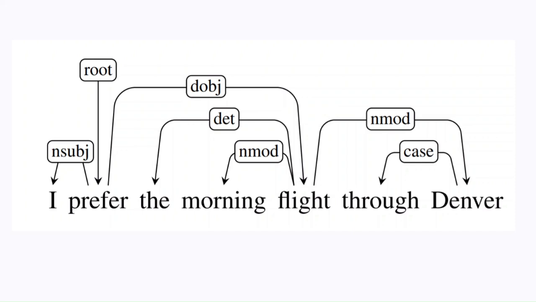So that particular verb is taken as the root. Prefer is taken as the root. Then you can draw like this also, how each and every word is related. So nominal subject, direct object, the is the determiner, and morning is the noun modifier, flight is a noun modifier, through is a case marker, because Denver can be any name, any place, so it refers to that. So like this also you can draw the dependency graph.